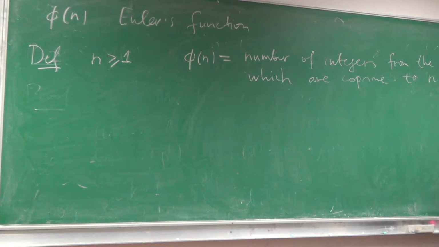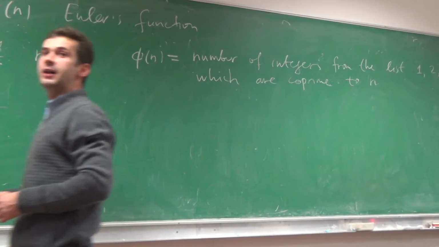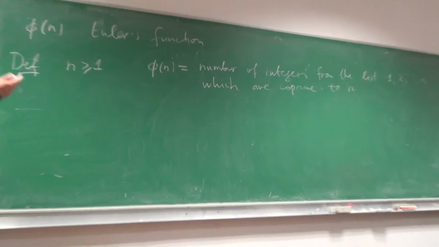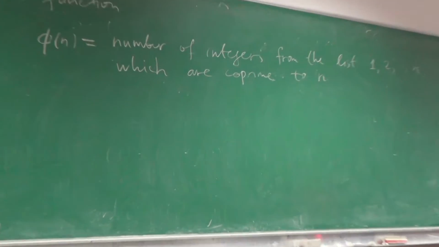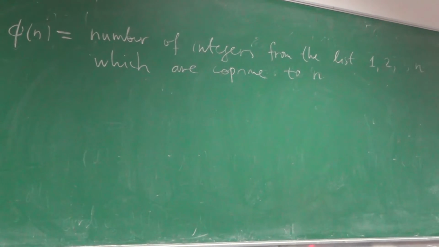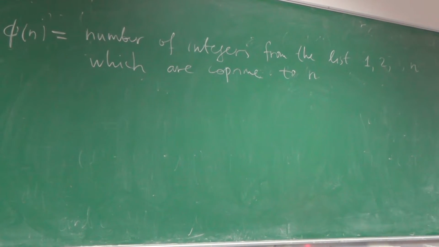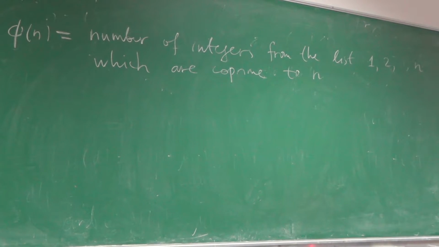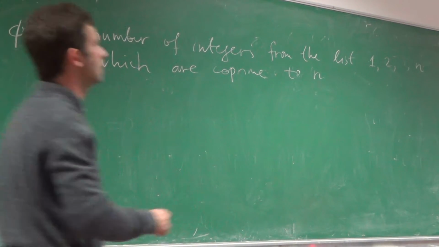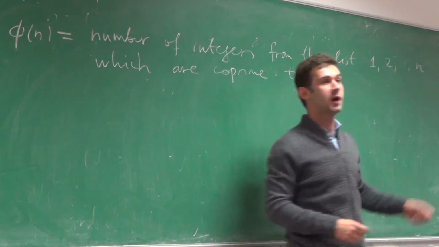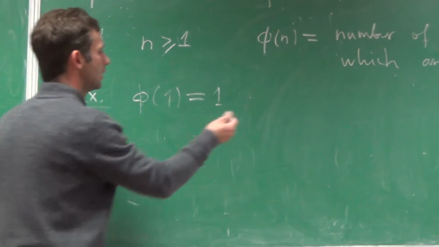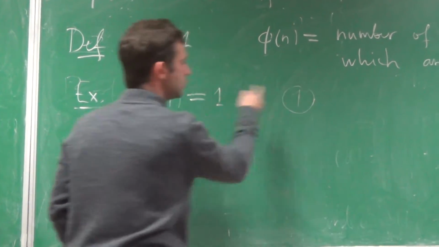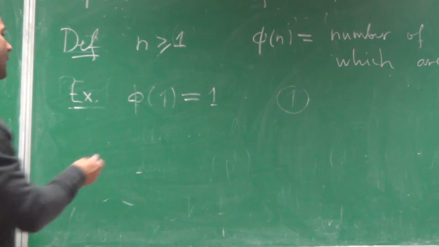One thing we can do is compute some values of this function to make sure we understand what the definition is saying. So, examples. Phi of 1: we look at the list consisting of 1, and 1 is coprime to 1, so it's 1. So the list consists of 1 entry.